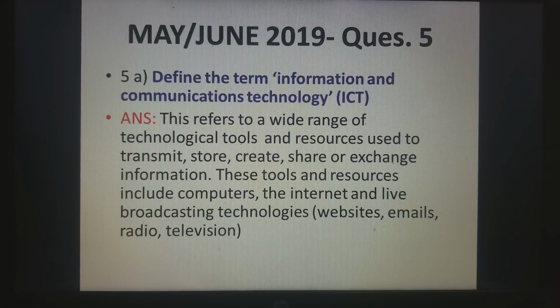Now, these tools and resources include computers, the internet, and live broadcasting technologies such as when we use websites and emails and radio and television. These are examples of areas where ICT is being used, or ICT is involved. Yes, these are tools: computers, the internet, and live broadcasting such as use of radio and television.